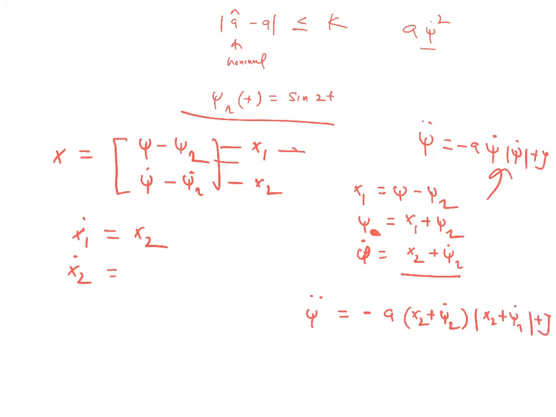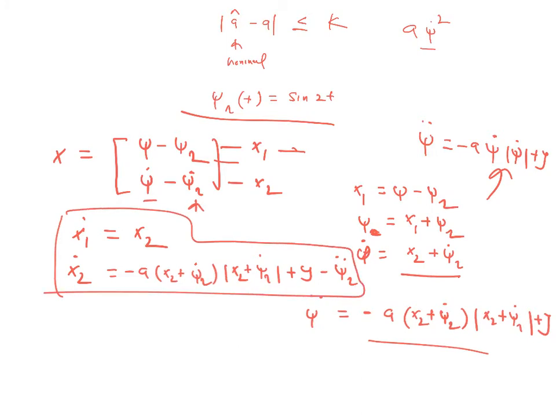Your x2 dot will be psi double dot, which is this equation, minus psi r double dot. So that's our new equations of motion.